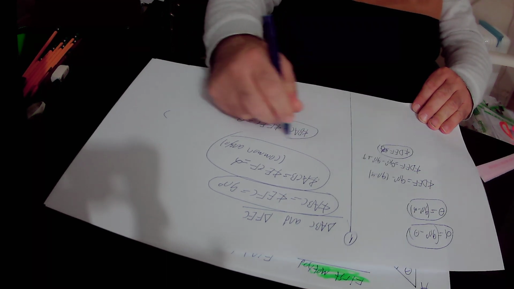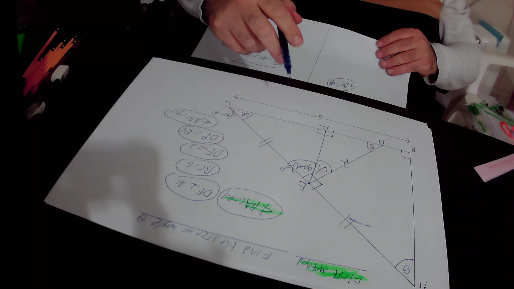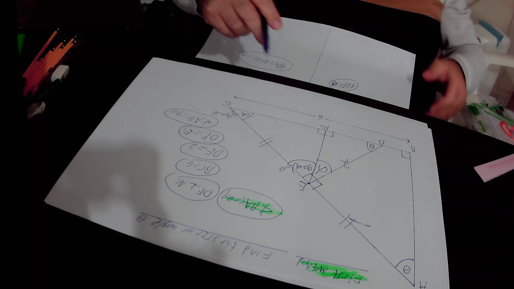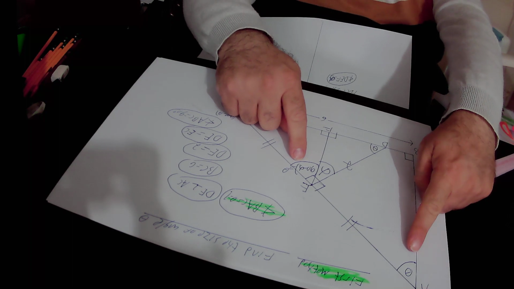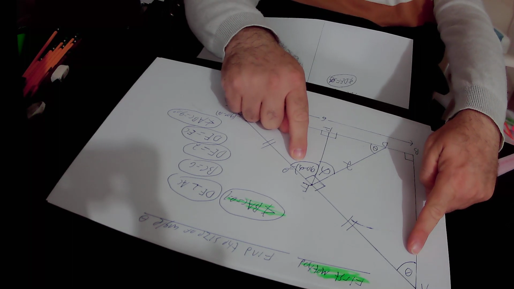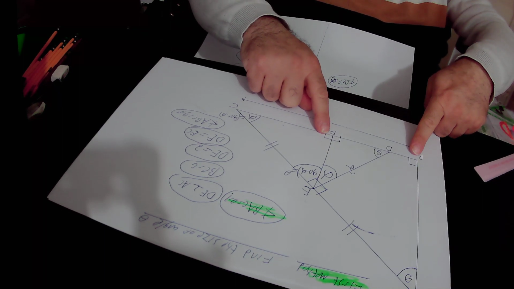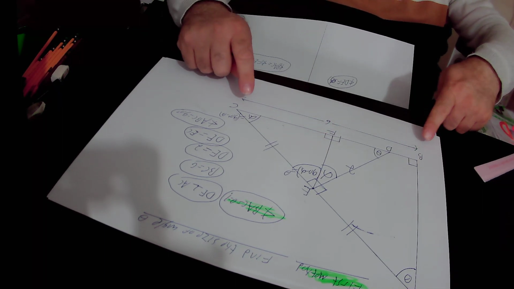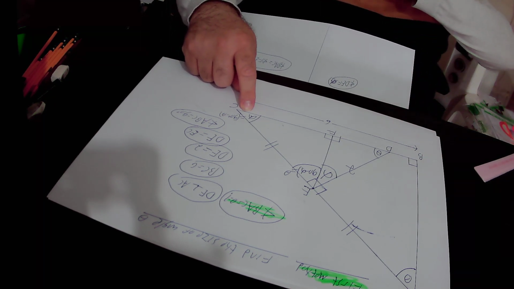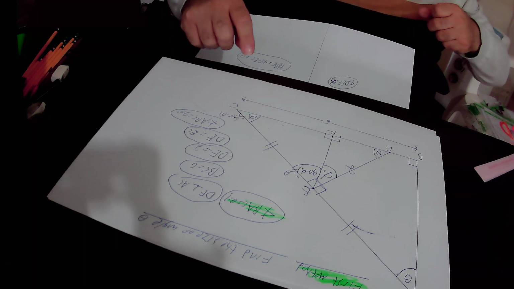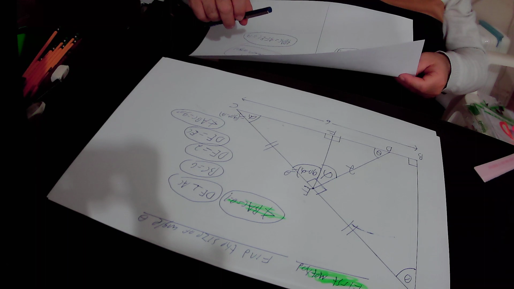So we actually prove that all the angles of triangle ABC are correspondingly congruent to all the angles of triangle EFC. Those two angles are both equal to theta, those two angles are both equal to 90 degrees, and here this is a common angle that equals itself.